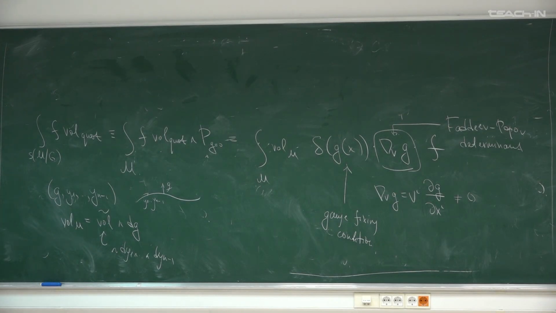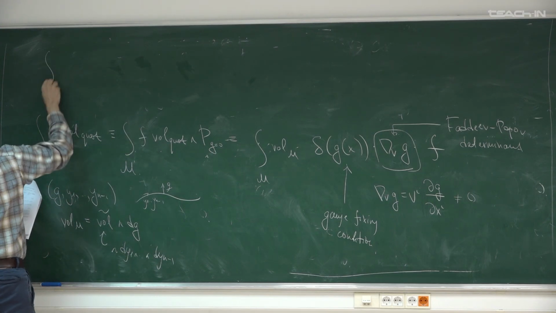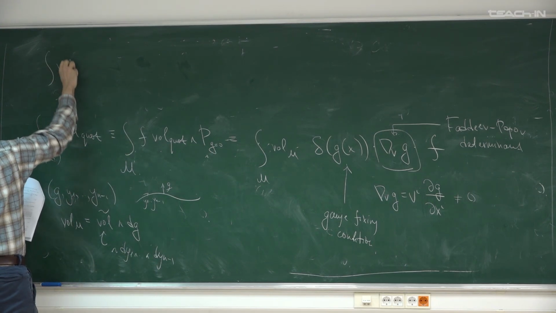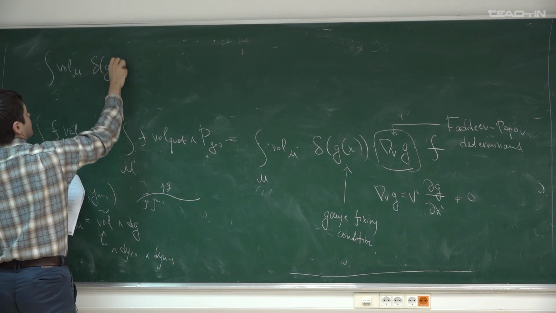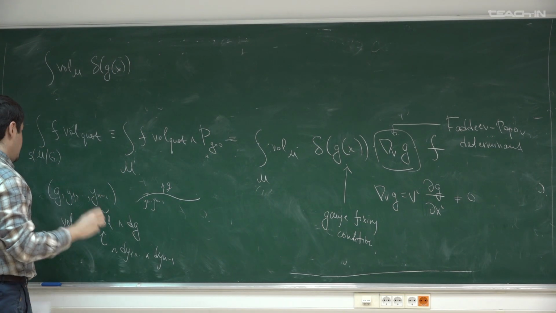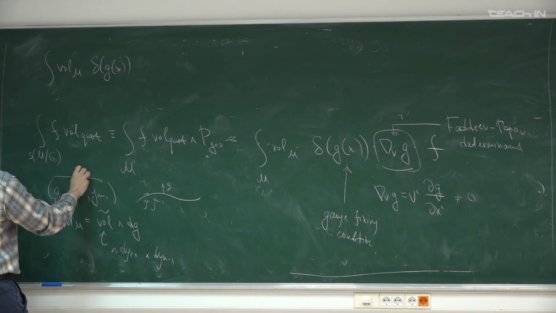So now let's do the integral. The integral in the right hand side, so the integral of the volume form of M, delta function of g of x. So these are all x, what we called x coordinates.